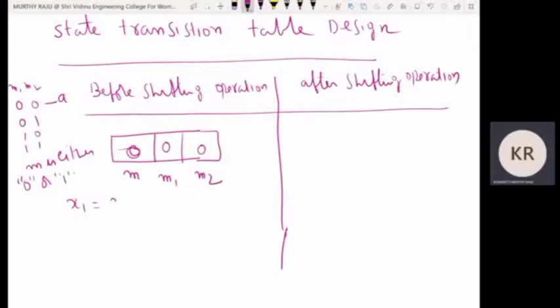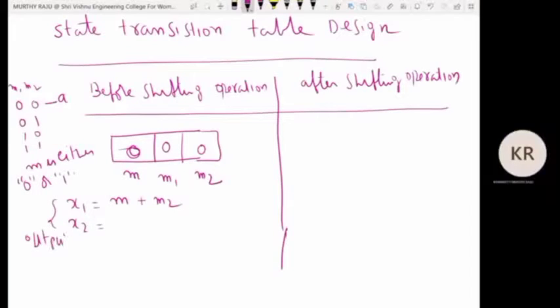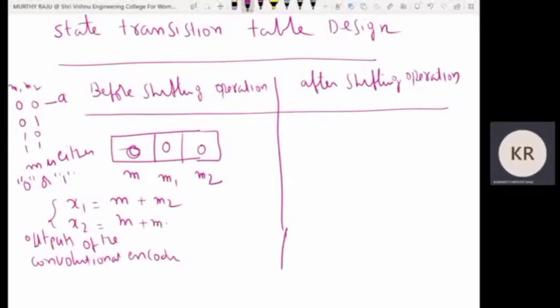X1 is equal to M exclusive OR with M2. X2 is M exclusive OR with M1 exclusive OR with M2. 0 plus 0 is 0. 0 plus 0 plus 0 is 0.